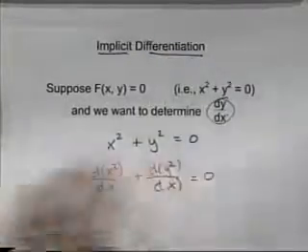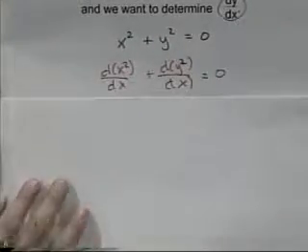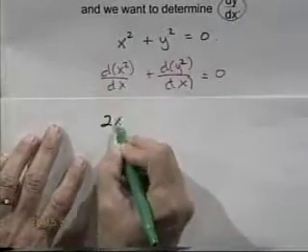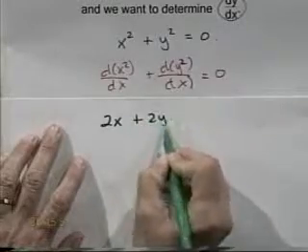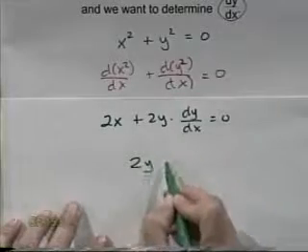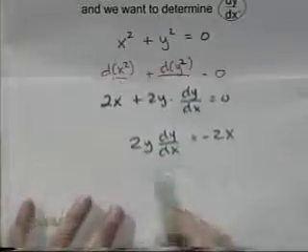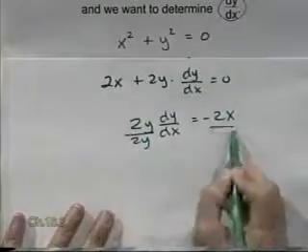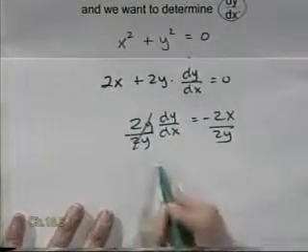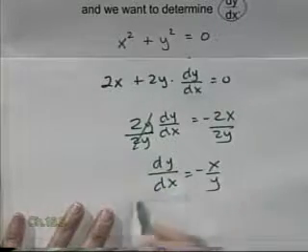The derivative of x squared was 2x. The derivative of y squared was 2y times dy/dx. And then you would solve for dy/dx. If I divide by 2y on both sides, I get dy/dx is minus x over y.